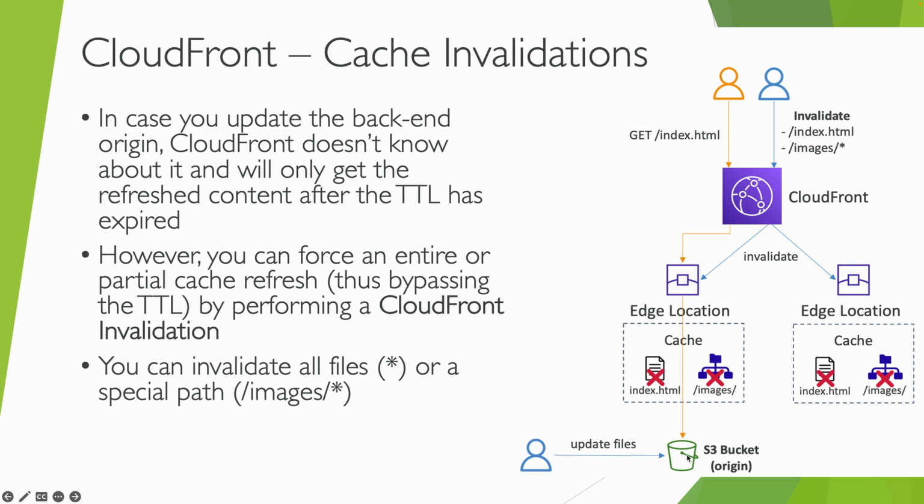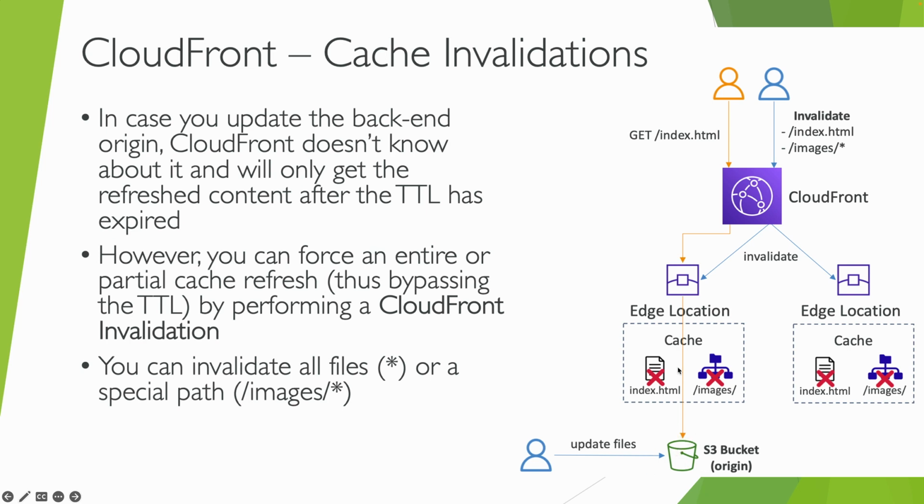So you go to your CloudFront and say invalidate my index.html and images/*, which means all the images in the images folder. What this invalidation does is remove the index.html and images from its cache. So whenever a new user comes and requests this, since we have invalidated these files, the request will go directly to the S3 bucket.